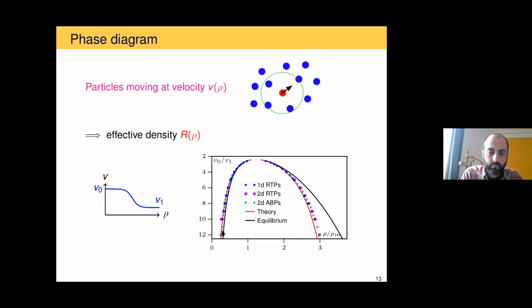To compare, the black line is what you would get if, in a sense, you pretend to be in equilibrium. That means that you throw away all the interfacial terms in the equation. And you see that it performs much less well.